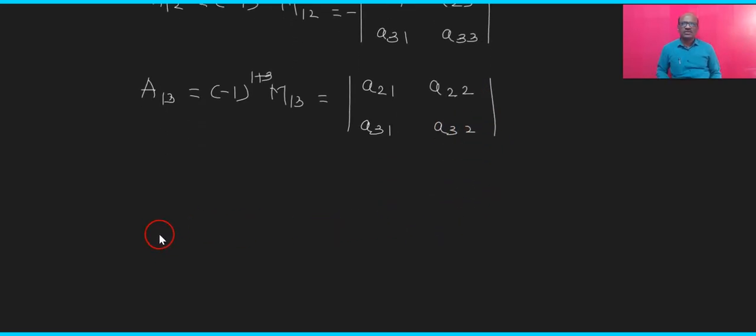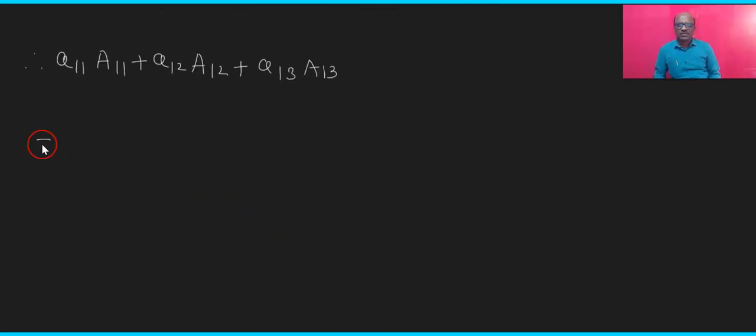Now we substitute the values. Therefore, here is small a11 capital A11 plus small a12 capital A12 plus small a13 capital A13, and this equals a11 and here is the matrix a22, a23, a32, a33.